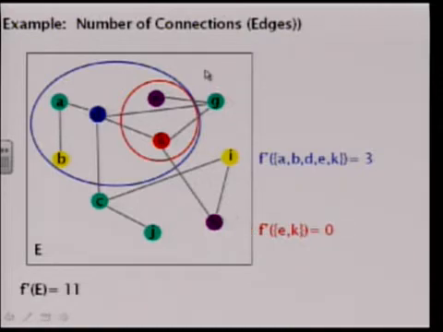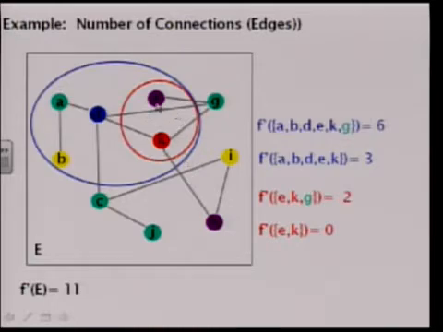And now, for instance, we look at a new element added to the bigger set. What will happen? You added actually 3 connections, right? 3 edges to the bigger set.